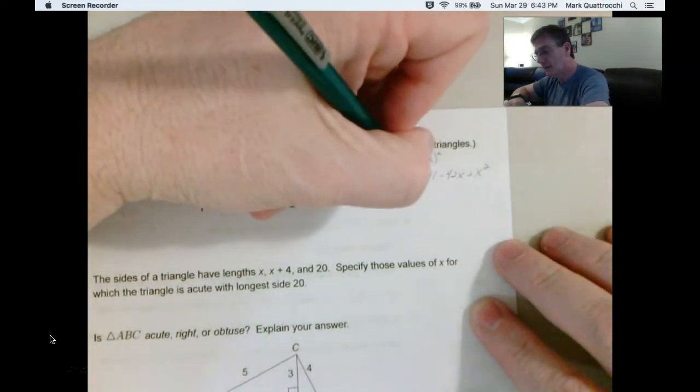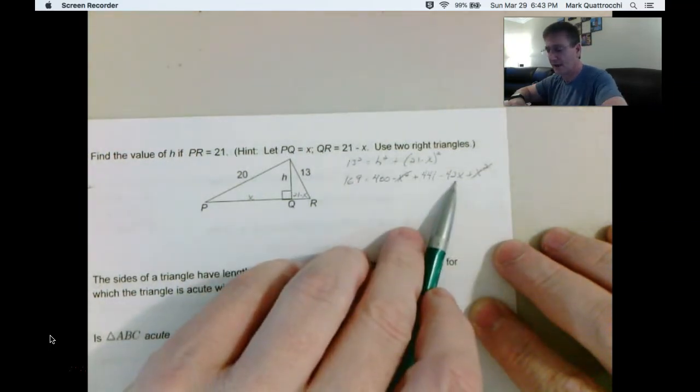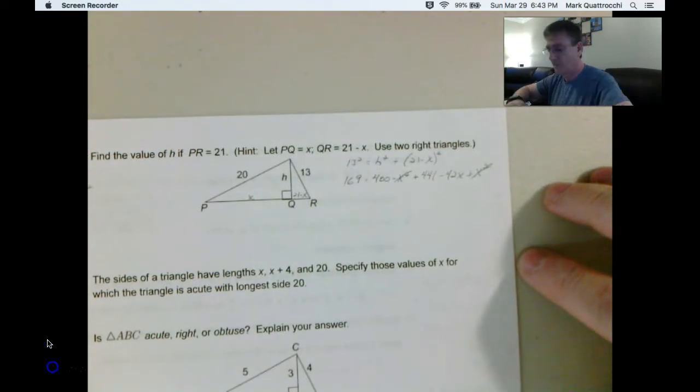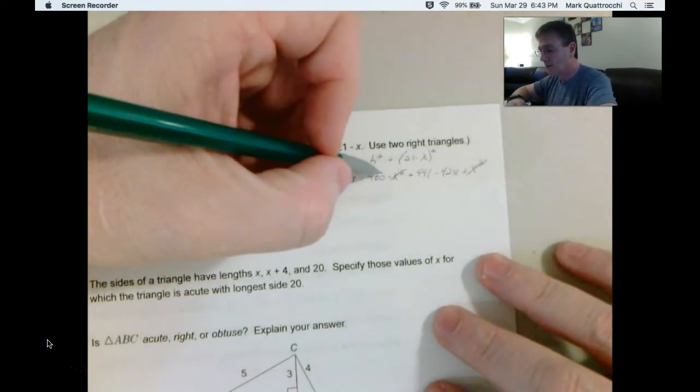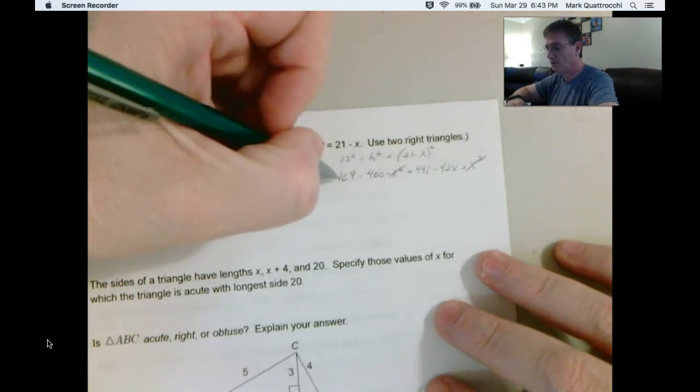Now, conveniently, the x squareds cancel. So we're not going to have to do any factoring. Thank goodness. We're going to be just solving for the x value here. Okay, so 400 plus 441 is 841, subtract them from both.